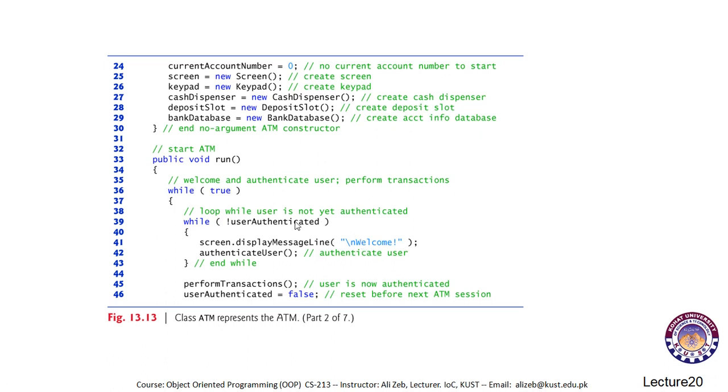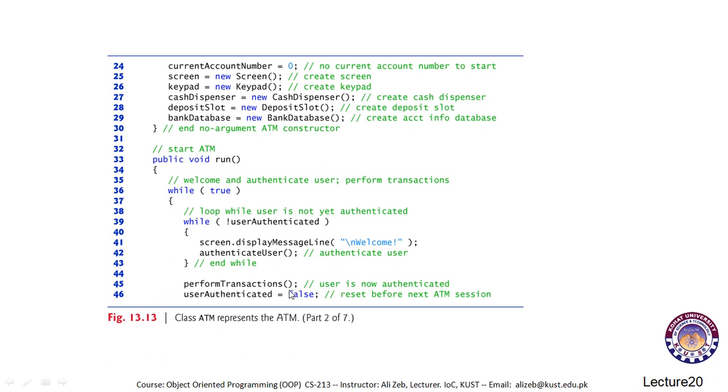Specifically, this method displays a welcome message on the screen, and it checks if the user is authenticated. It calls an authenticateUser method that has been declared elsewhere. Once the user is authenticated, we will perform transactions. This is another method that has been declared elsewhere.